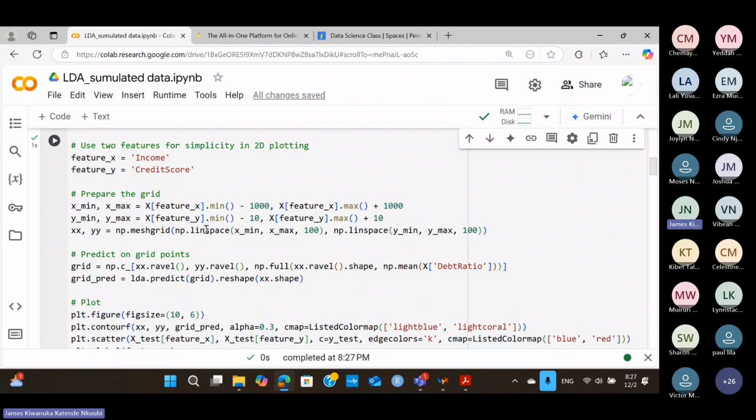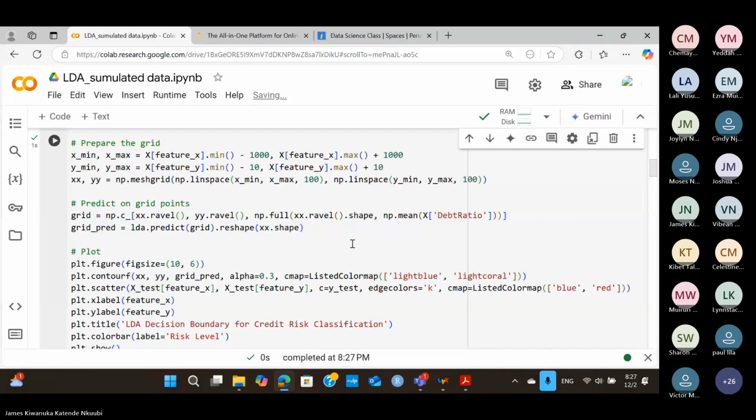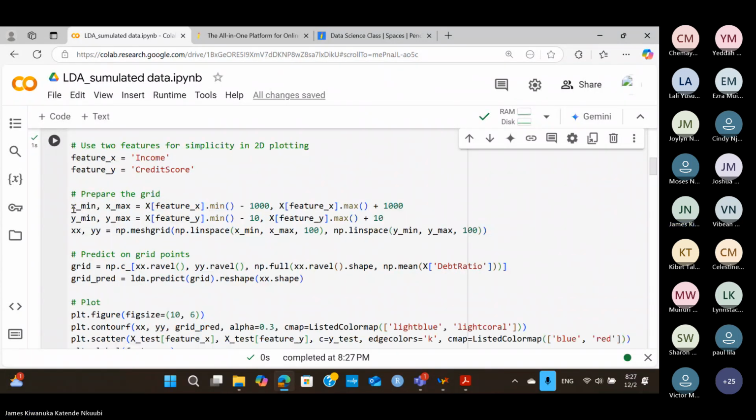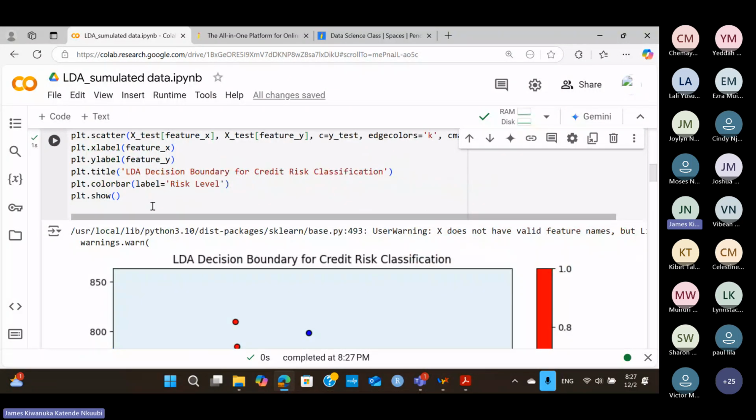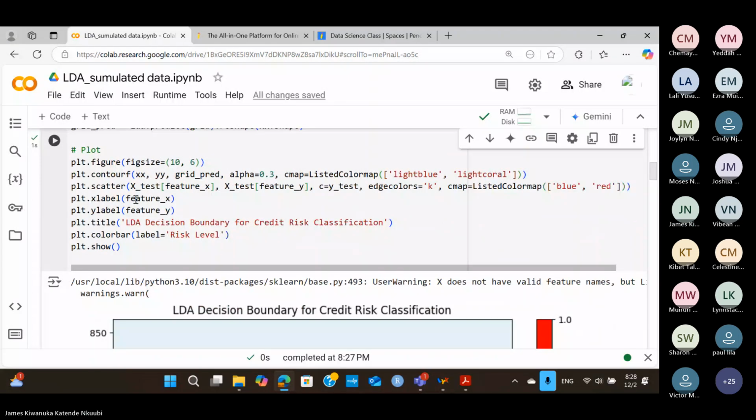These are just the predictions on the grid points. So these are just some new points. You set up the grid and then do predictions on those grid points, and then plot the predicted values and the classification.